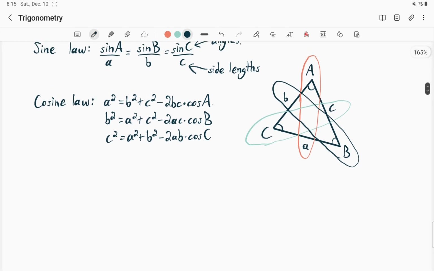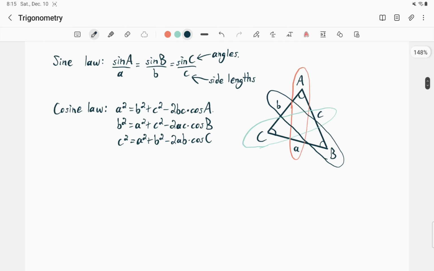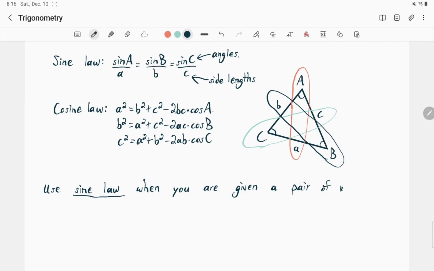You use sine law when you are given a matching pair of an angle and a side length. So use sine law when you are given a matching pair of side length and angle.